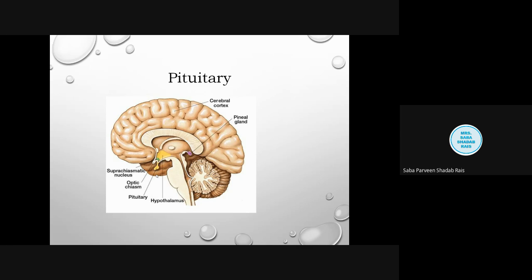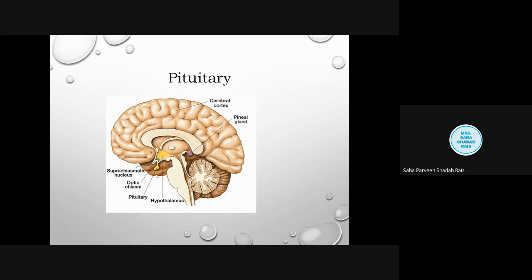When you observe it, it is lobular, and it has the anterior phase. In the anterior phase, it has pars distalis and pars intermedia. Pars distalis is also called the adenohypophysis.